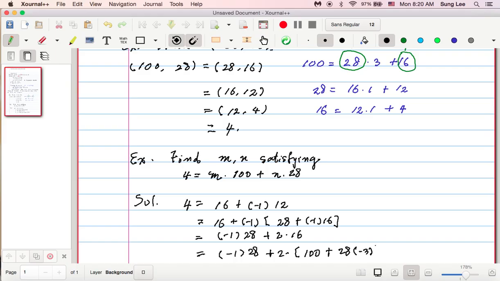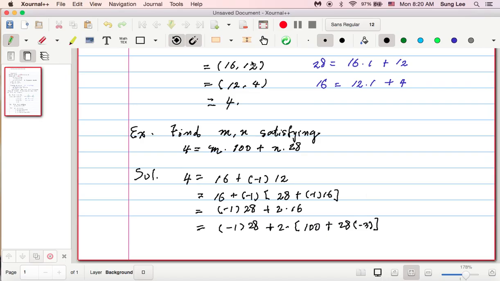So that can be written as 2 times 100 plus negative 7 times 28.